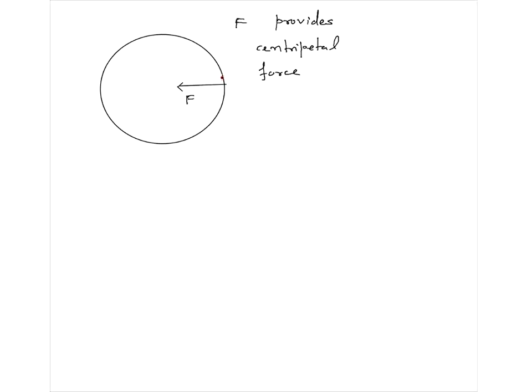So, in this case, there has to be a pseudo force. Pseudo force must be away from the direction of the acceleration. So if this is the observer and that observer is looking at another observer or another particle, then the pseudo force must be in this direction.